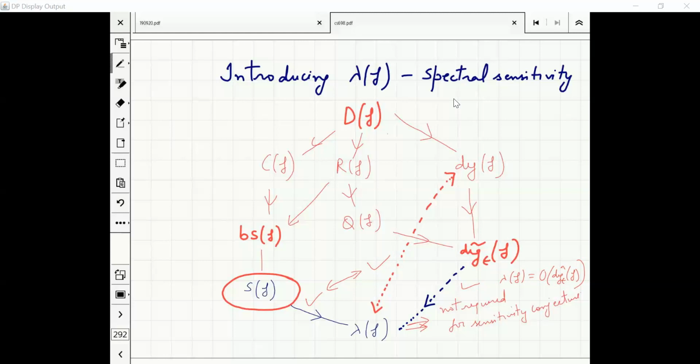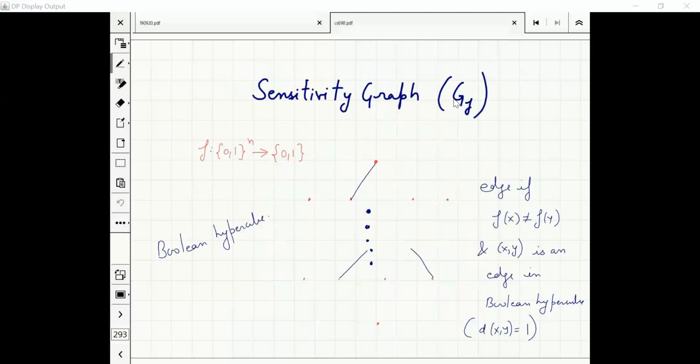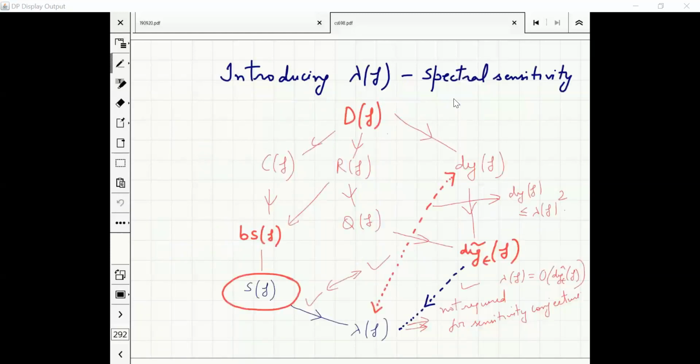What we want to see is this red dashed arrow: degree of f less than lambda f whole squared. This is what we are interested in. If you look at the figure, you know every other measure.